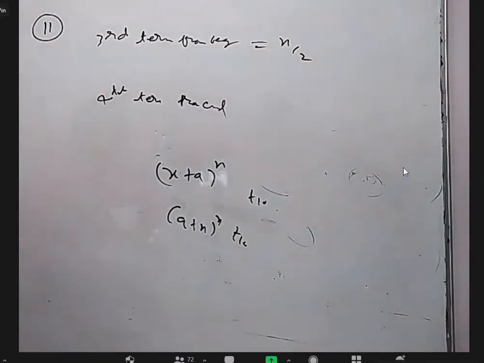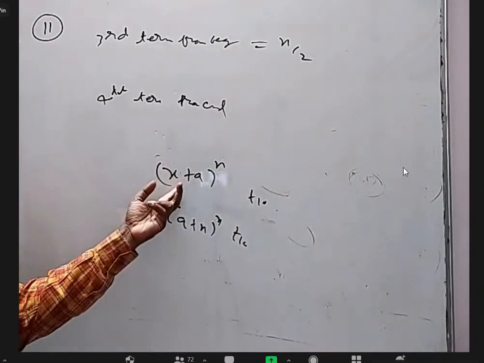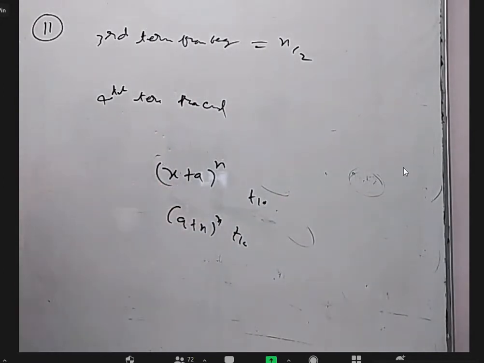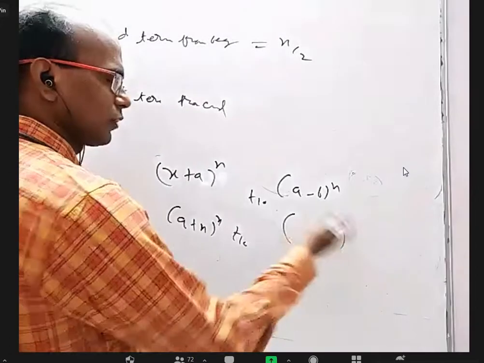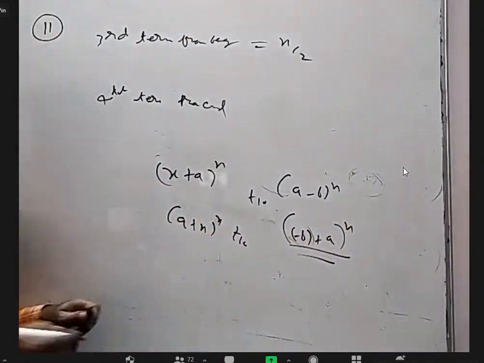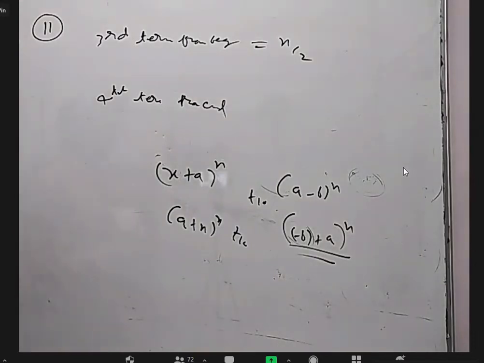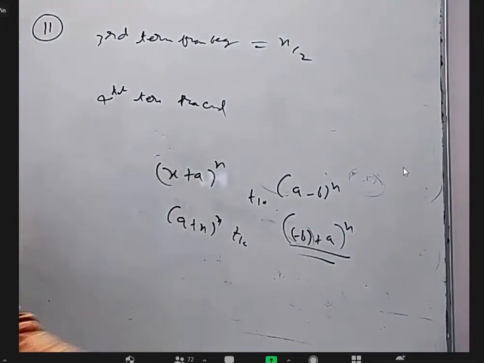So whenever you want some kth term from the end, interchange these two and then find the kth from the beginning. Of course, you have to be a little careful. If the question is (a minus b) whole power n, if you want to reverse it, you write (minus b plus a) whole power n. Don't just write b minus a. Otherwise all the series will become reversed.